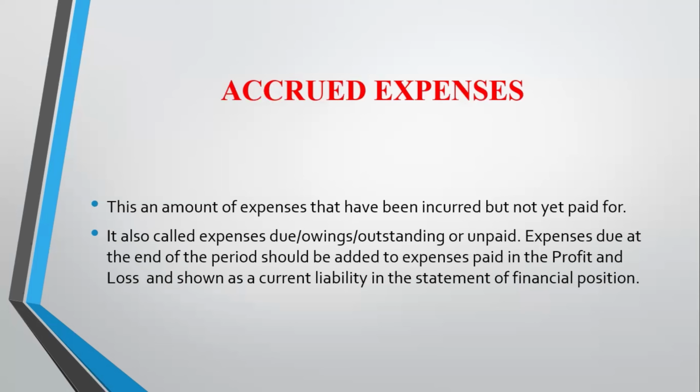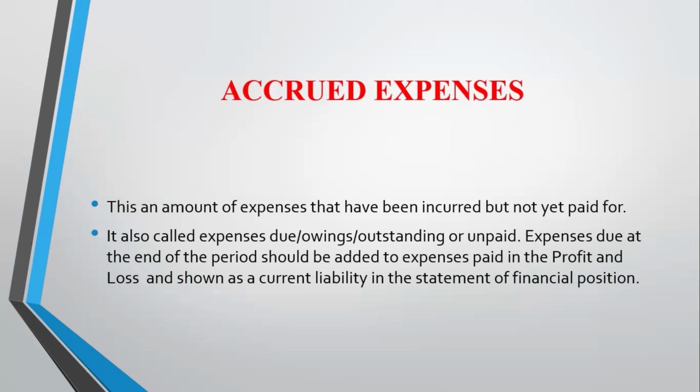Now we have 200 expenses owing. Since that 200 is related to that year, although we paid only 800, because of the accrual concept and matching concept, we still need to record it and present it in that same year. So we write that we paid 800 insurance and add 200 owing. Although it has not been paid for, we still have to show that it is related to this particular year. So we add it to the one that we've paid to make it 1,000.